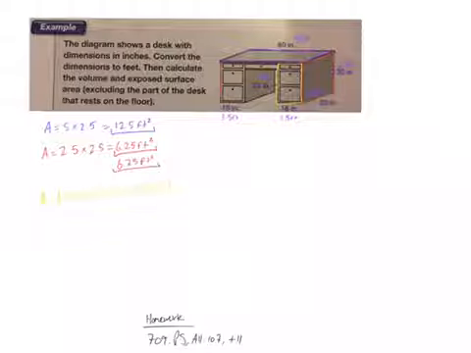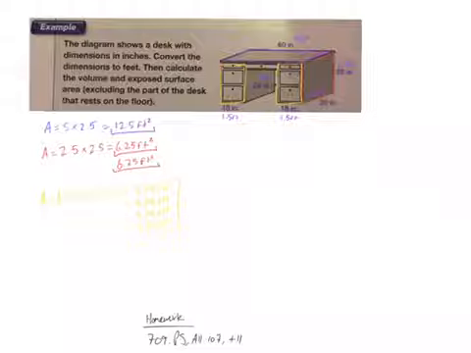But also notice we have this one here, and then there's also two more of that same shape on the back. So I'm going to have four of these, 3.75, 3.75, and 3.75. Okay, so we have those.